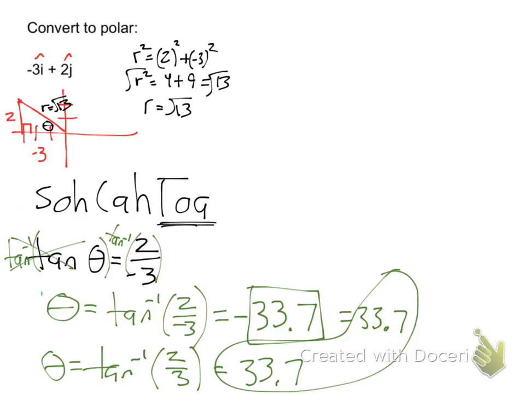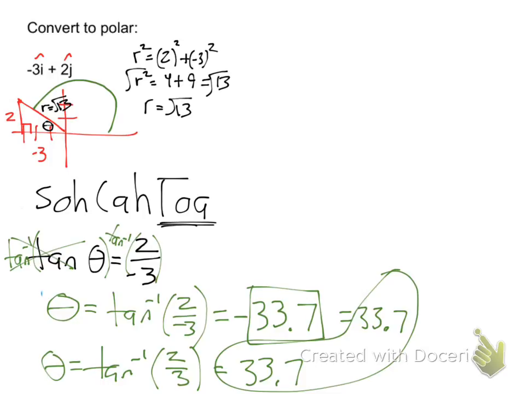Now, how can that be 33.7? In that particular triangle, it makes sense. But if I wanted to get to that spot from the positive x-axis to here, that's not 33.7. That 33.7, ladies and gentlemen, is what we call a reference angle.